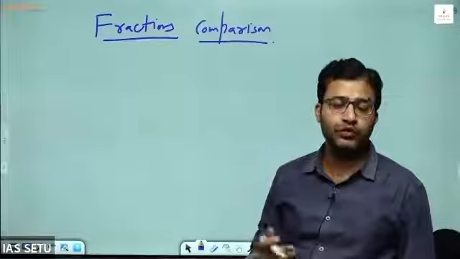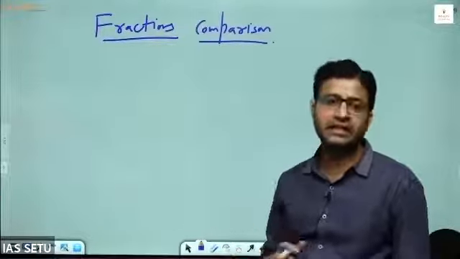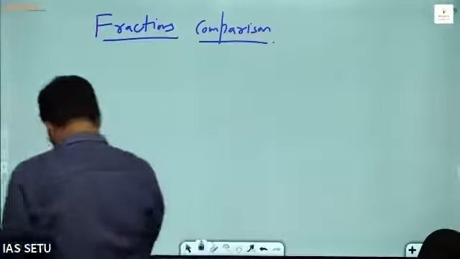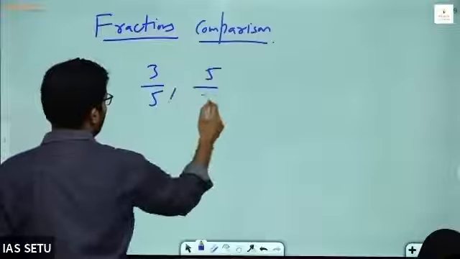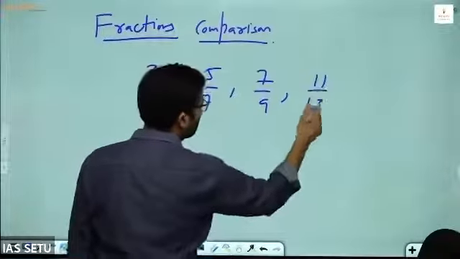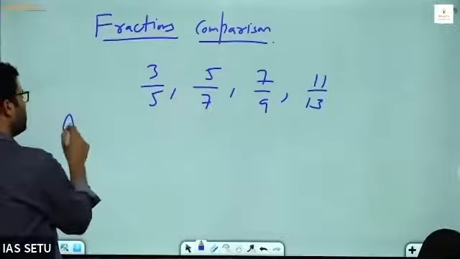They ask you which one is larger, or the examiner will ask you to arrange them in ascending or descending order. Like 3 by 5, 5 by 7, 7 by 9, 11 by 13. It is asked to arrange this in ascending order.